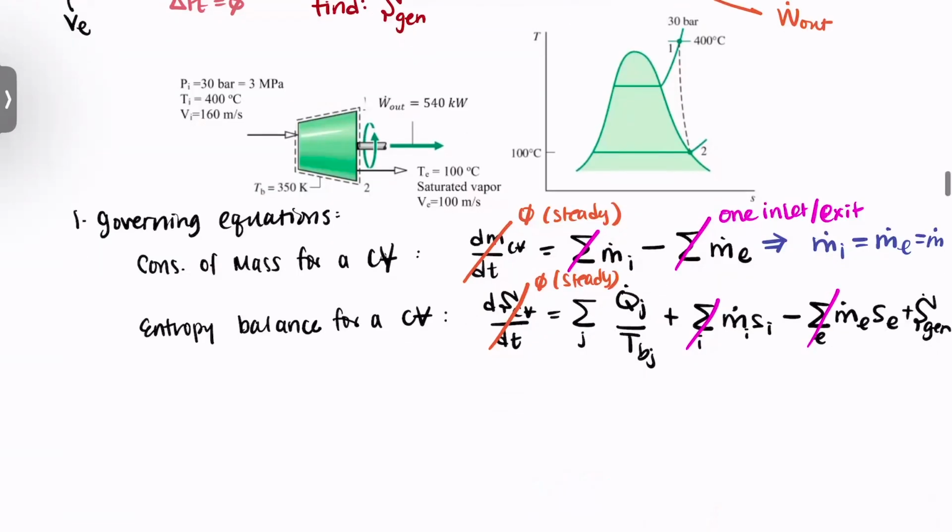All right, so that means that I can rewrite my entropy balance equation as the following. So I have 0 is equal to Q dot for our control volume over the boundary temperature, because we only have, I guess I should write that simplification in here too, so we only have one boundary temperature.